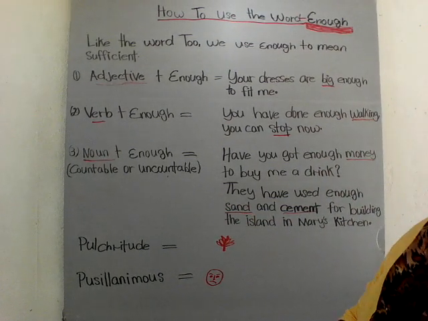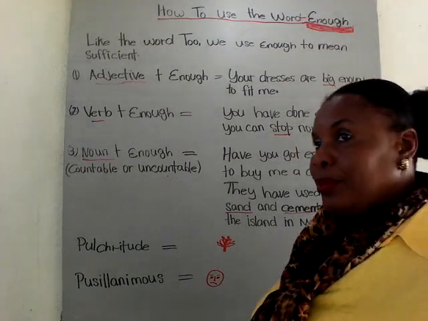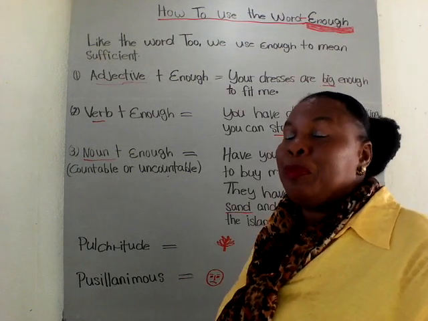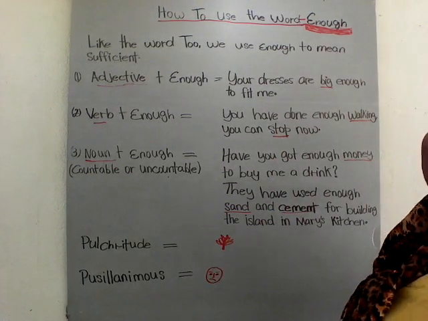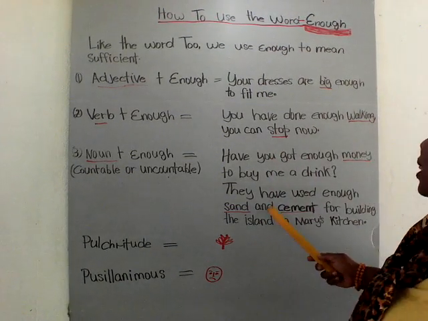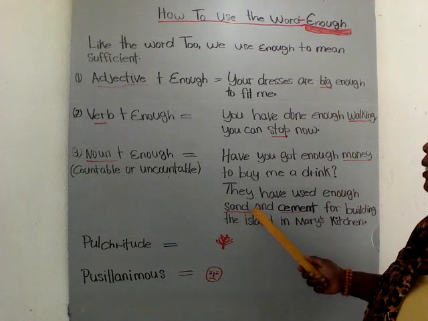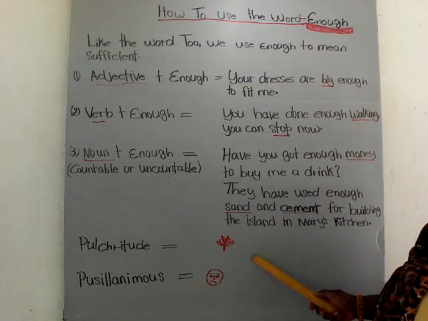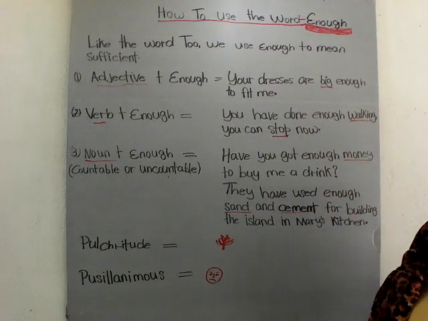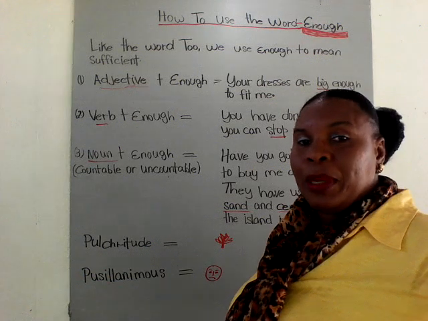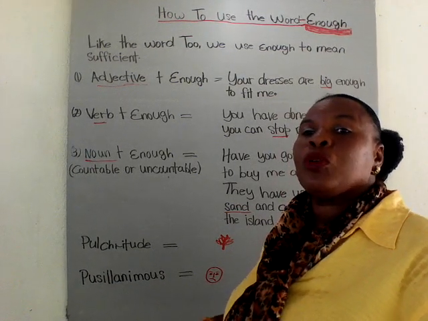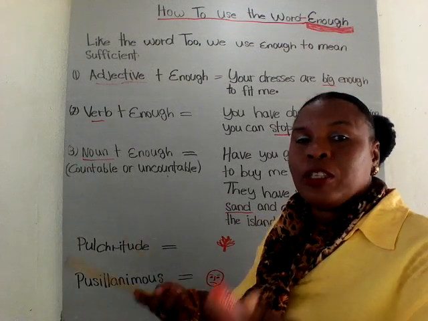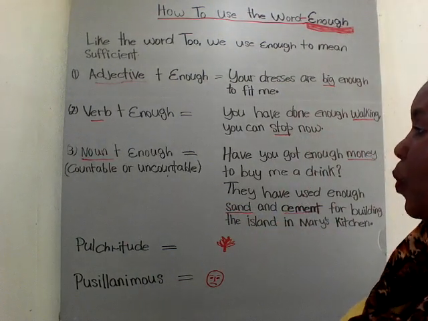That will take you forever. Put it that way. So they have used enough sand and cement for building the island in Mary's kitchen. So you know what an island is? A place in the kitchen that you can walk around, but you use it for preparing your food or sometimes to eat, right?